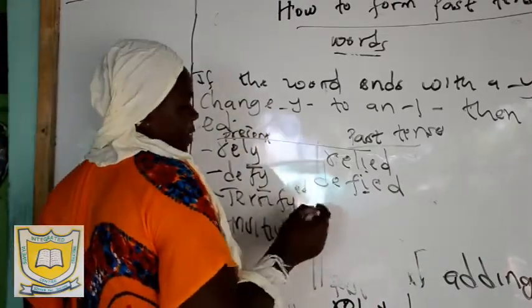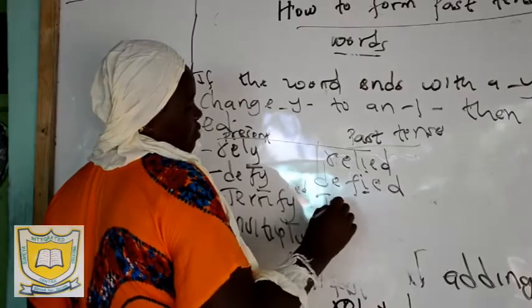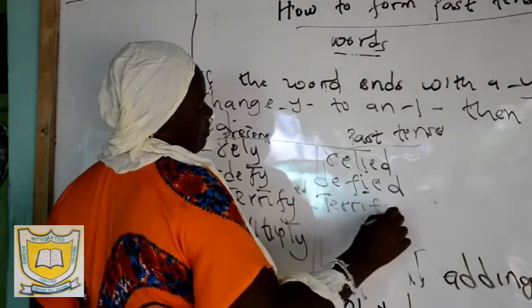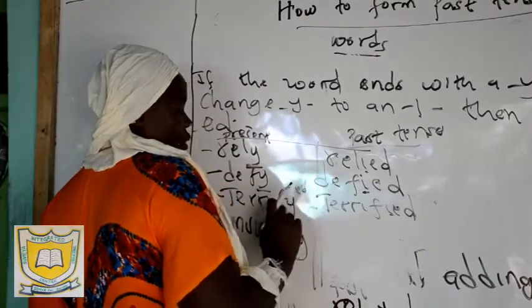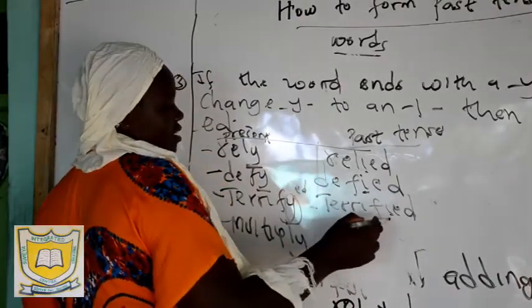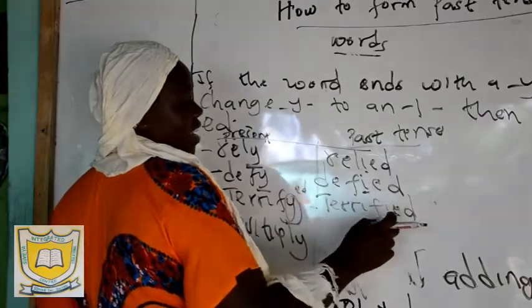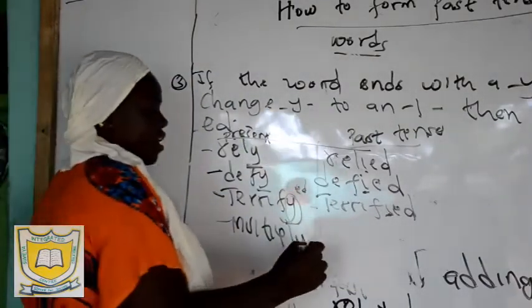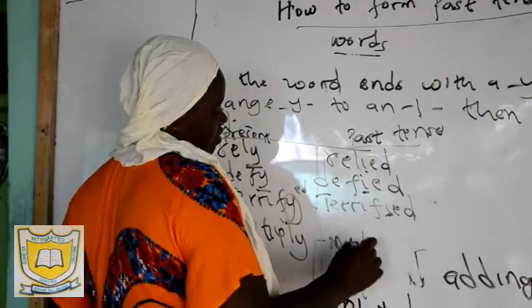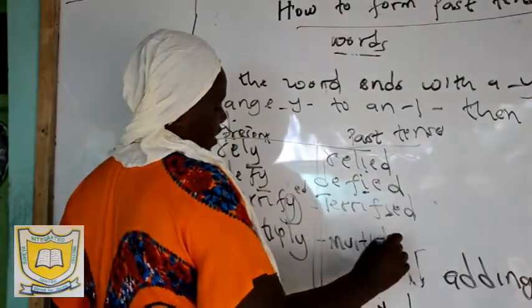Then you have terrify. The past tense is going to be terrified. I omitted the Y, replaced it with an I, and then added an ED to form its past tense. Then you have multiply. The past tense is going to be multiplied.